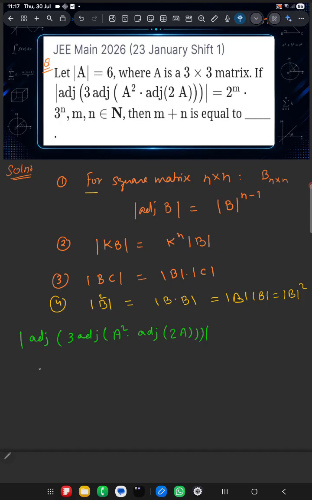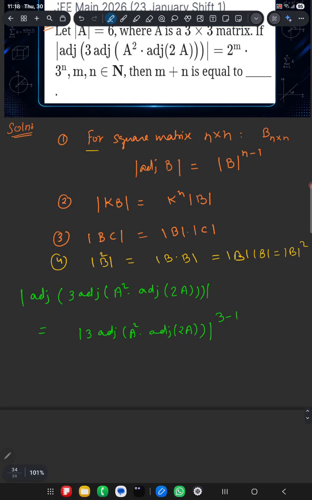So it will be determinant of 3 into adjoint of A square into adjoint of twice of A, and its power will be 3 minus 1, that is 2. First portion we have solved.